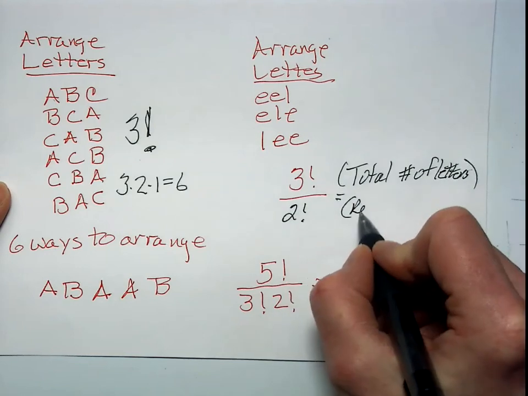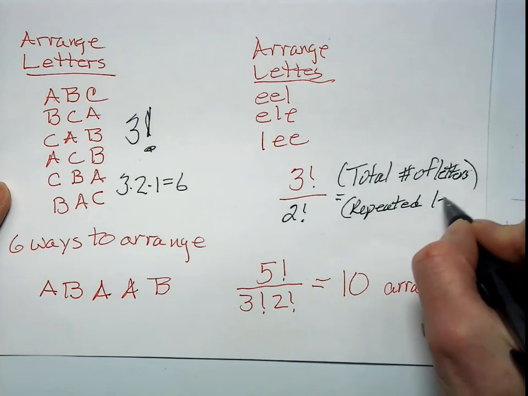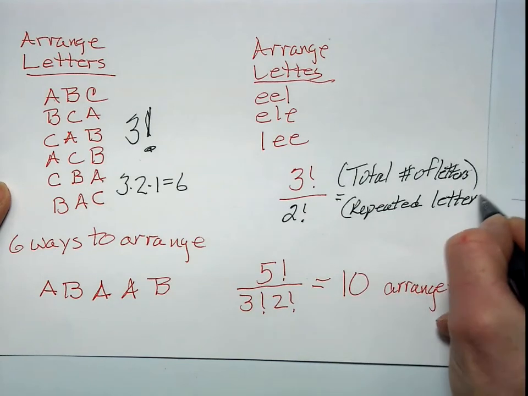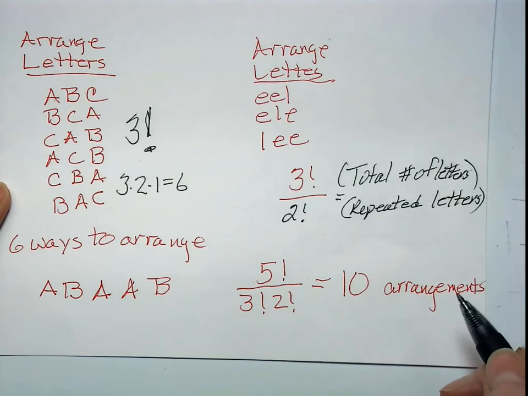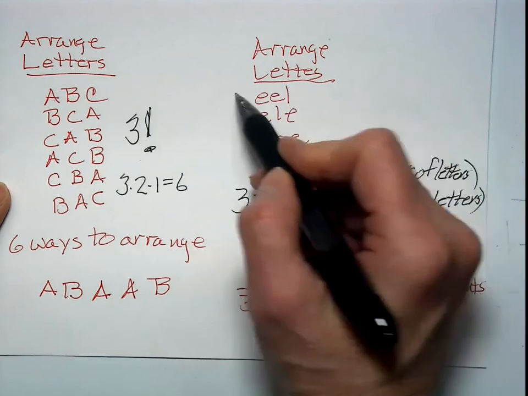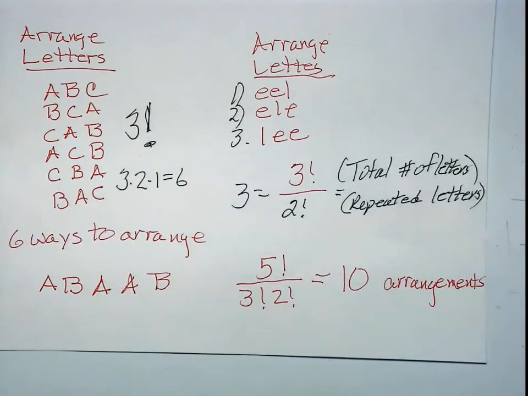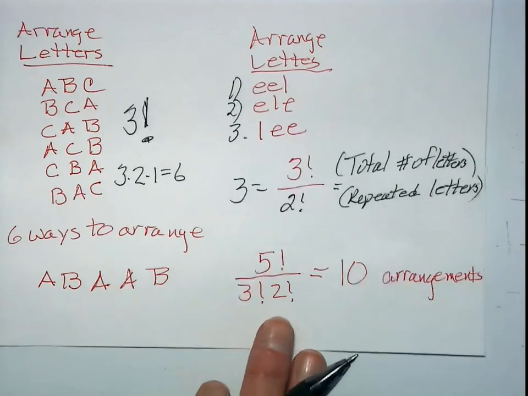And this is repeated letters. So 3 factorial divided by 2 factorial is 3 different ways to arrange the letters. Great. So here is one more example.